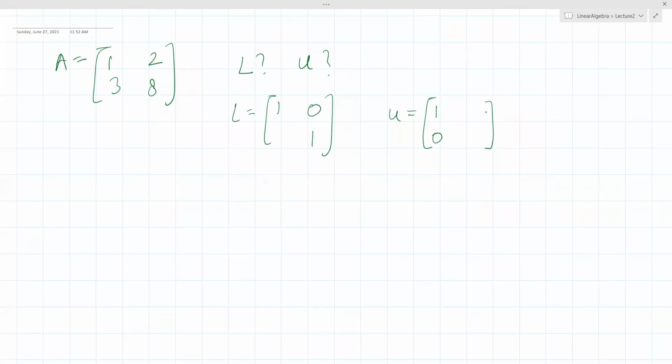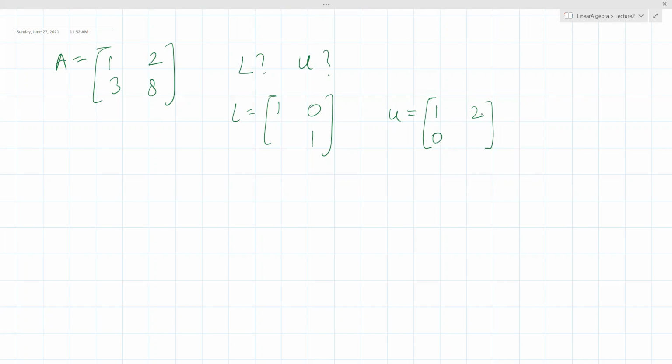So what will be the second element of the first row of U? 2. Please remember, U is being composed from A by eliminating a variable at a time.